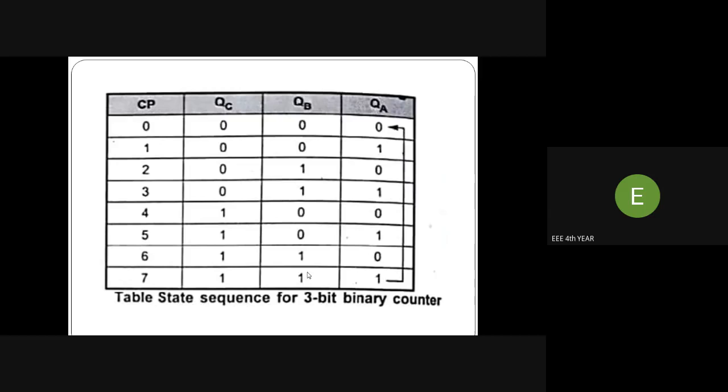When 1 is applied, 0, 0, 1. Then 2 is applied, it goes to the next state 0, 1, 0. When 3 is applied, it goes to the next state 0, 1, 1. Next 1, 0, 0, then 1, 0, 1, then 1, 1, 0, then 1, 1, 1. Then again it starts counting from 0, 0, 0.